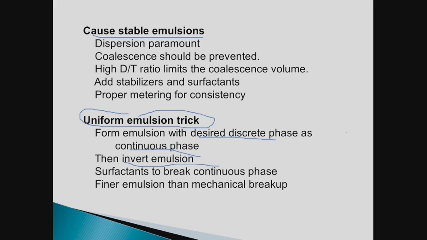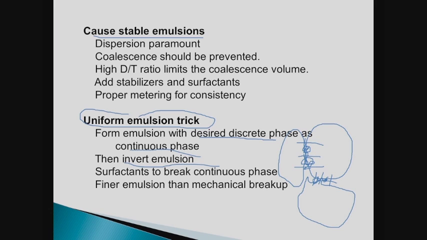The idea here: you have a drop, and then you have another drop, and you have a third drop. What happens is this filament here, when you do the phase inversion, will break. And when it breaks, you'll have this forming a drop, this forming a drop, this forming a drop, and this forming a drop.